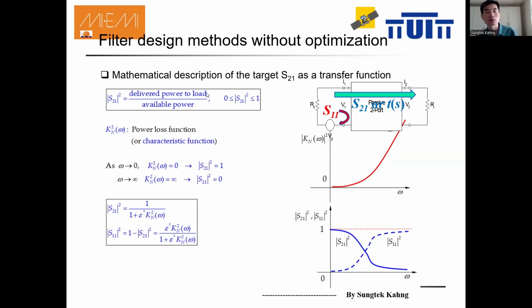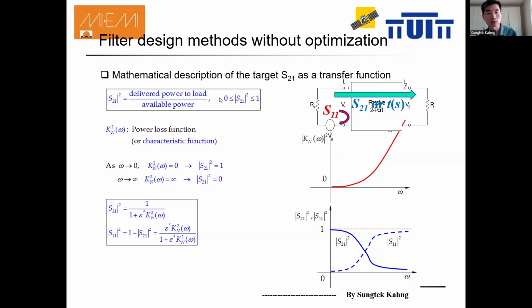So deliver power to load. User requirements coming from a system developer or the people who run the service, they just give you from the standpoint of power like this. So it is a huge task. You should melt the user requirements in terms of the power into a complex transfer function. That's your role.